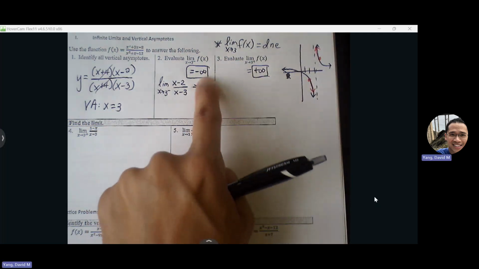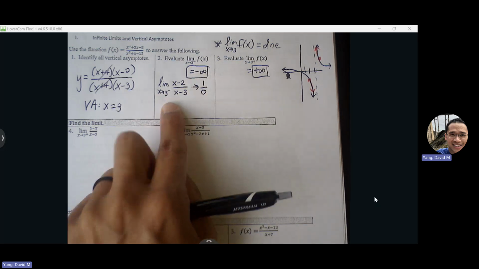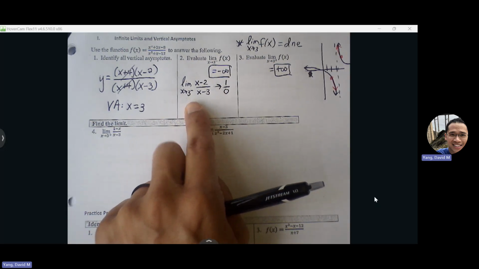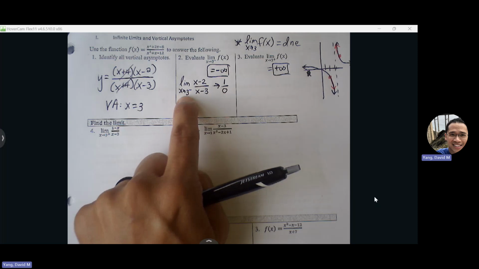And once you realize there's a vertical asymptote and that it is a one-sided limit, we're going to plug in a numeric value and we know which direction it's headed. We're going to pick a decimal value that is relatively close to 3 from the left side of 3.